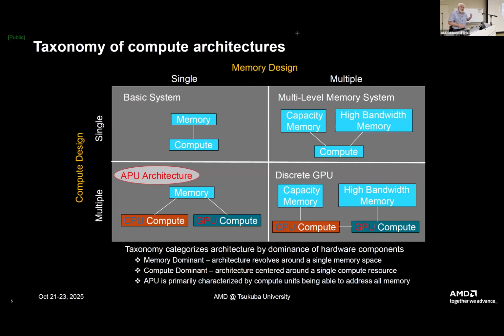And today, where we are in a memory-dominated era, where memory movement's the important thing, memory takes more power than anything else. And it's a significant part of the cost of a system. Having a single memory is a tremendous advantage.